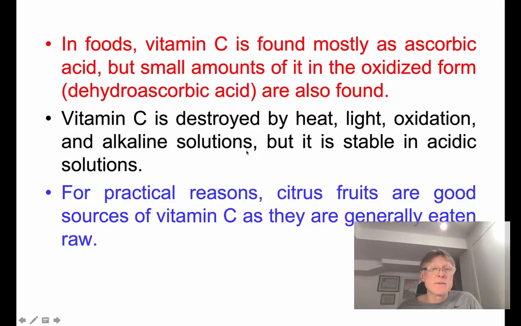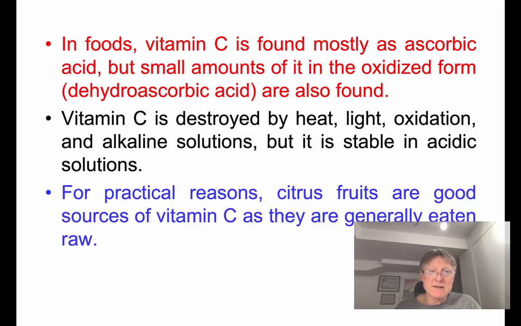So in foods, vitamin C is found mostly as ascorbic acid, but you can also find small amounts in the oxidized form, or dehydroascorbic acid. So both of them are found in foods. Vitamin C is destroyed by heat, light, oxidation, and alkaline solutions. But it's stable in acidic solution.